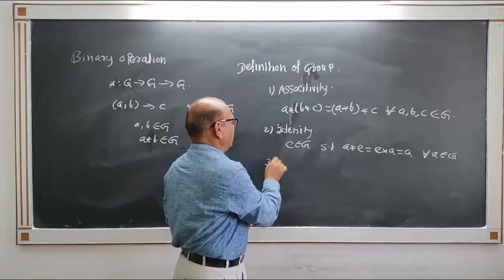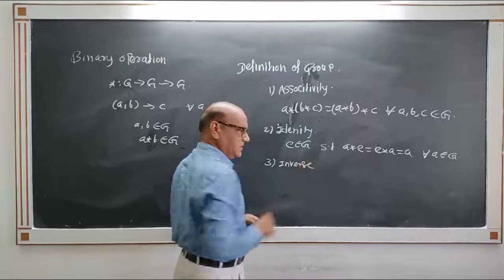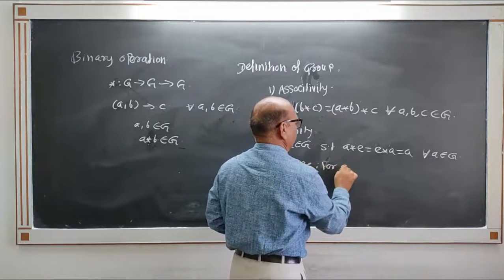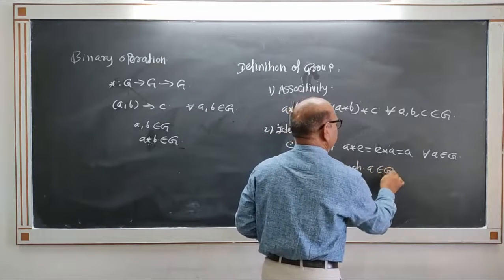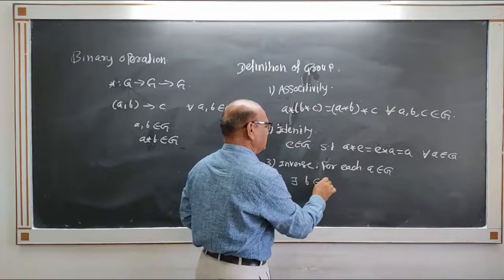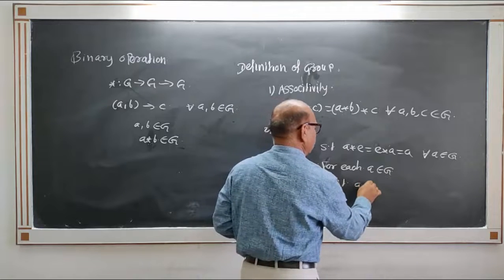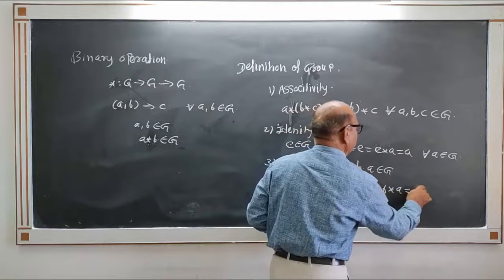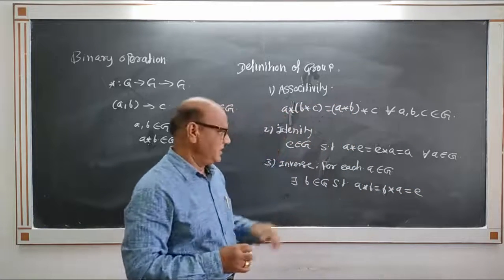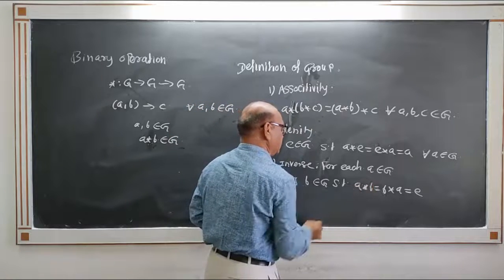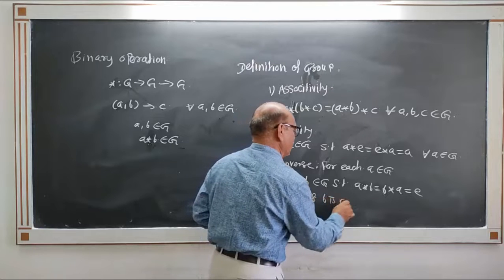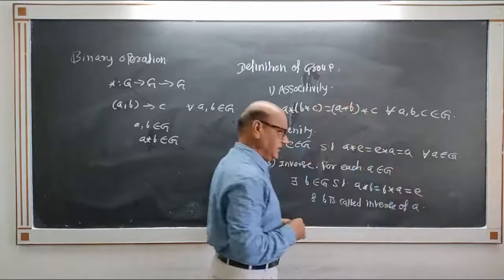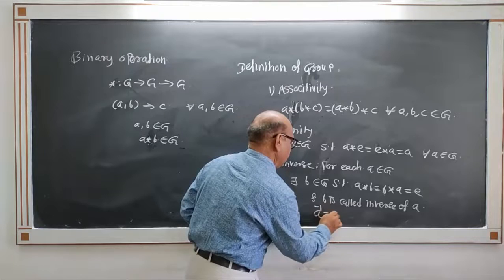And third, inverse. For each A belongs to G, there exists B belongs to G such that A star B is equal to B star A is equal to E, and B is called inverse of A. It is denoted by A raised to minus 1.